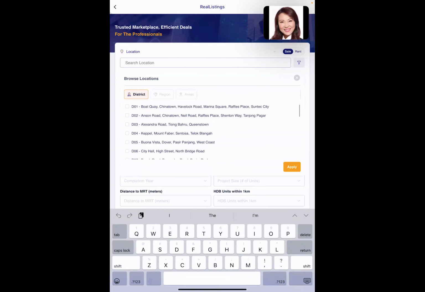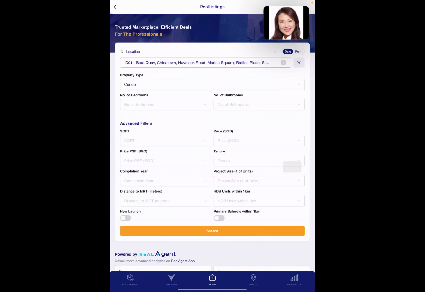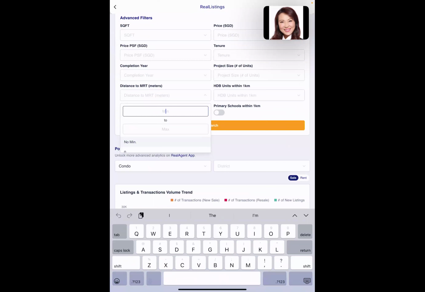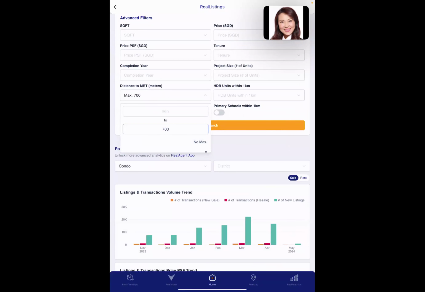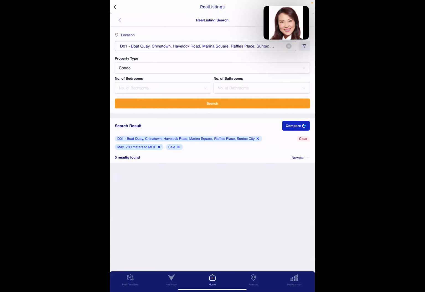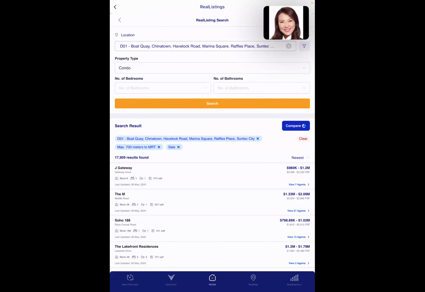Let's say you want D1. Apply. Okay, and then distance to MRT, maybe maximum 700 meters. Okay, and then we search.